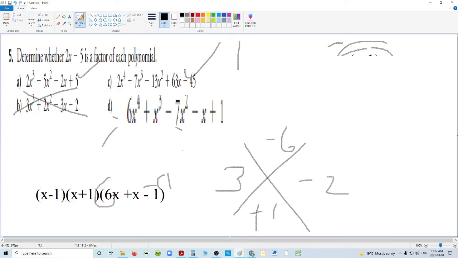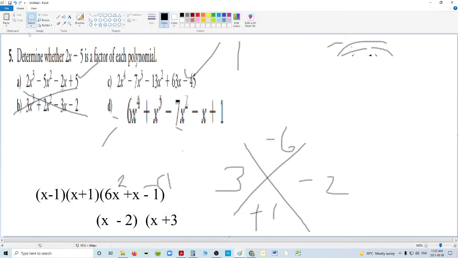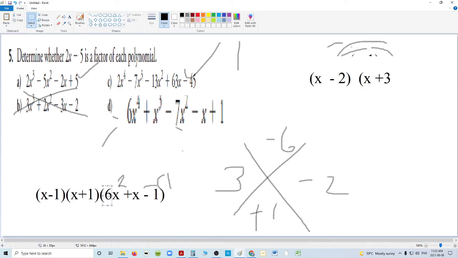Now, because there's a 6 in front, remember this is squared, I'm going to do the slip and slide method this time, which means I take x minus 2 and x plus 3, and I divide them by 6, the number in front. I'll show you the slip and slide method over here. I take normal roots like I would, but then I have to remember to divide each of those by 6 and see if they can simplify.